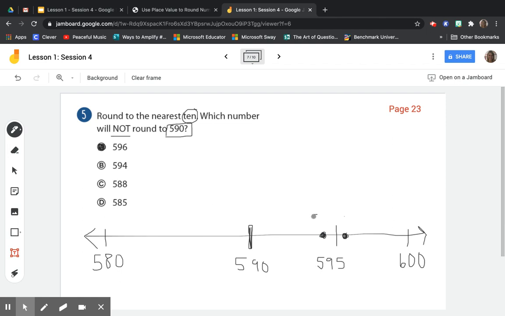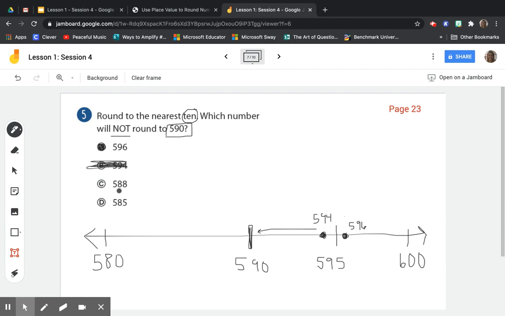So now I'm at 594. This one, we remember, is 596. Okay, so I know if I'm less than halfway, I go down. So this number will round to 590. So I don't like that one. It's asking me which ones will not round. Okay, let's try another one.